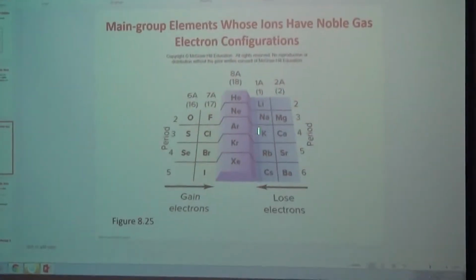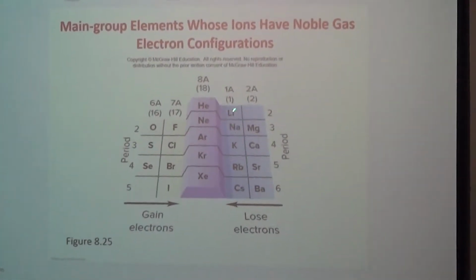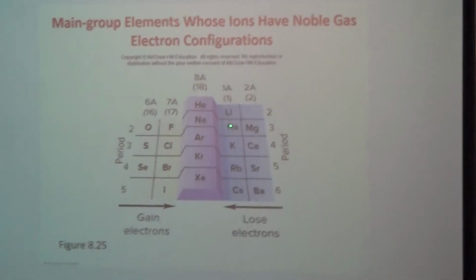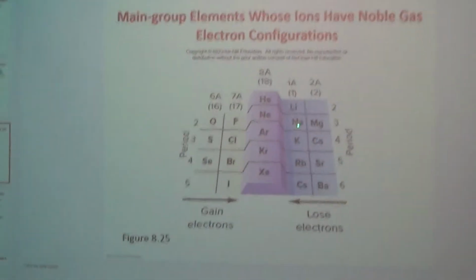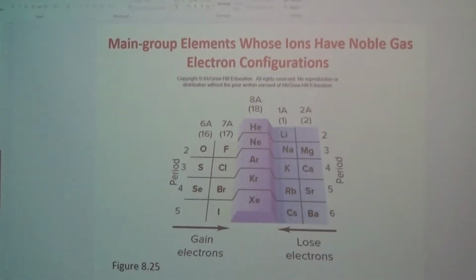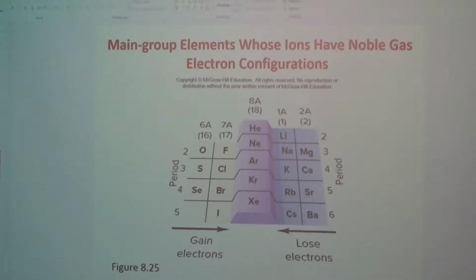So if we look at the cations, or the alkali metals here, they lose an electron, and when they do that, they become isoelectronic with the noble gases next to them. Okay, so sodium over here contains 11 electrons. It loses 1, it has 10 electrons like neon, and then that's a stable configuration because the s and the p orbitals are filled.